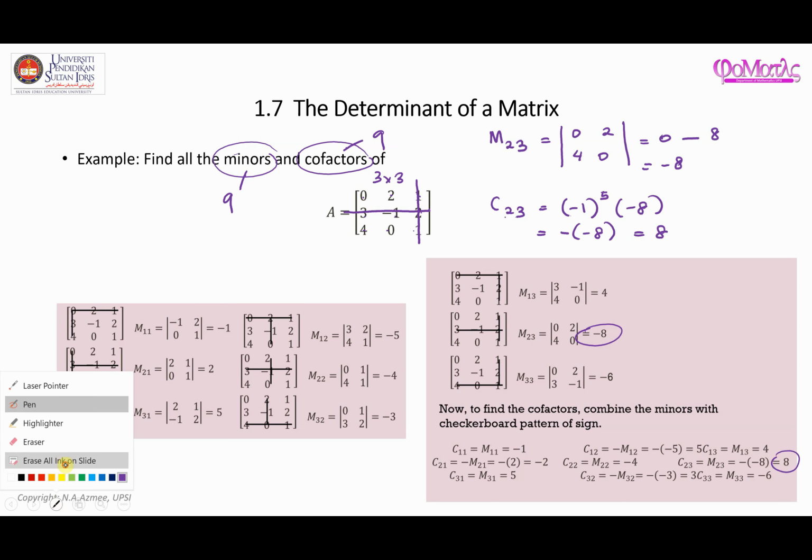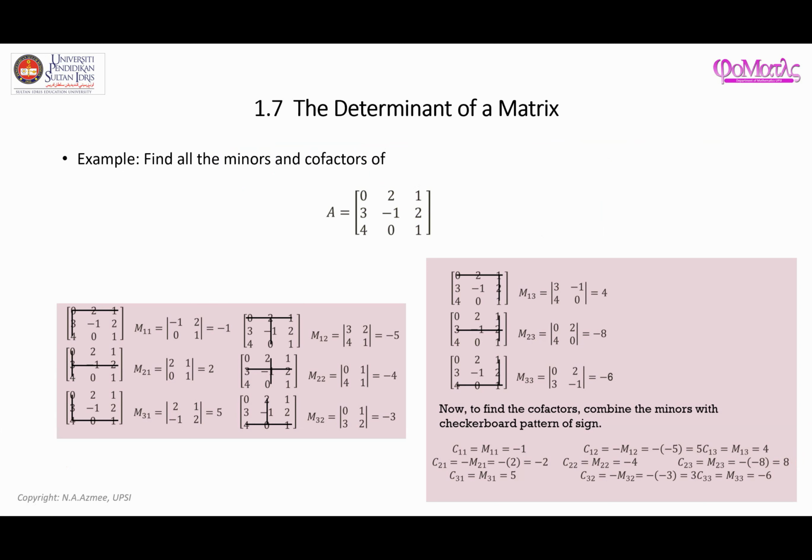Okay, let's look at another example. How can we find minor 3, 3? You can see that it is 3 and 3, so you're going to cross out the third row and third column.